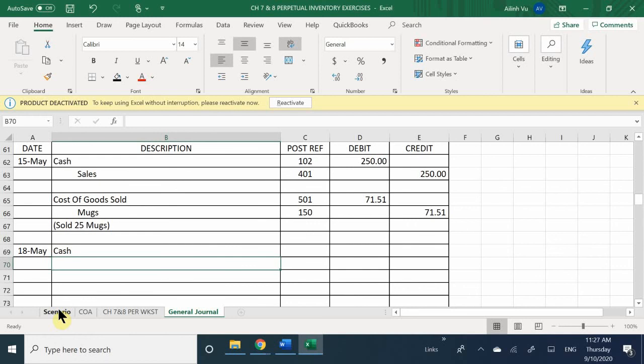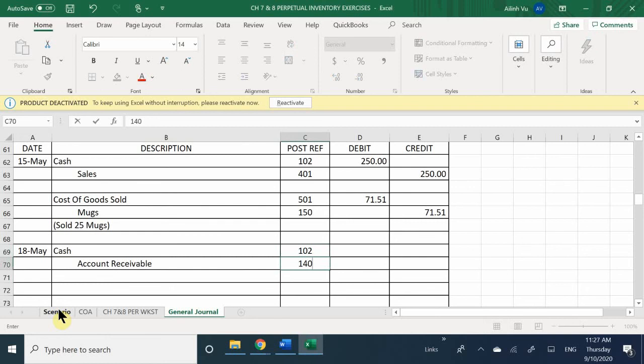And we're going to decrease the accounts receivable, not payable, because customer A has paid off their account. All right. And we know this is 102, 103. All right.